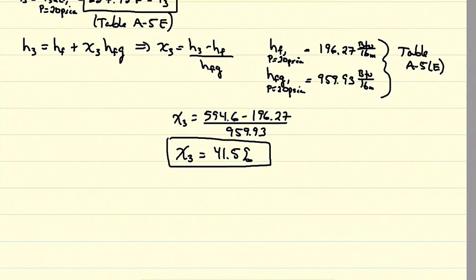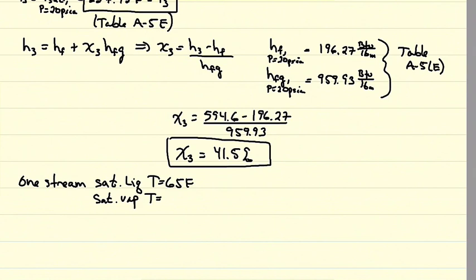The one stream was saturated liquid at a temperature of 65 degrees Fahrenheit. And the second stream was saturated vapor at 20 psia, but because it was saturated, we can say that it was at 227.92. And when we mix them, the exit stream has the same temperature as the 227.92, right?